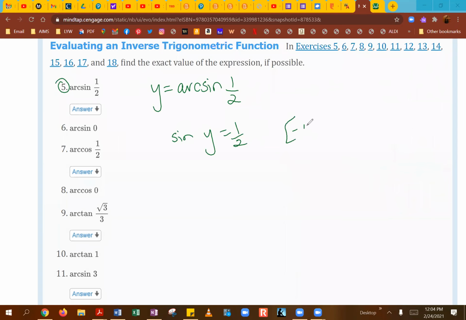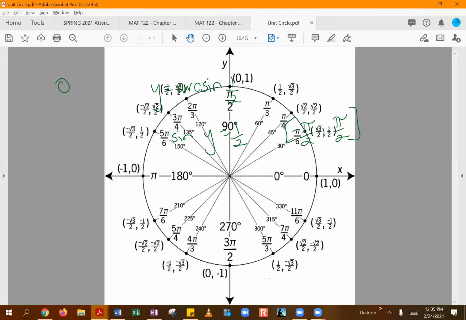But remember, you are again restricted on the sine function to only look between negative pi halves and positive pi halves. So if we go to our unit circle, where is your sine function going to be positive 1/2? That's going to be at this angle right over here, because your y value is 1/2.